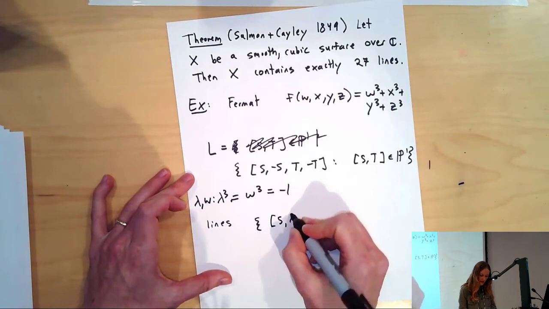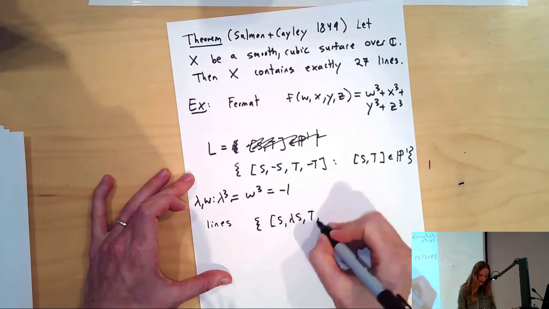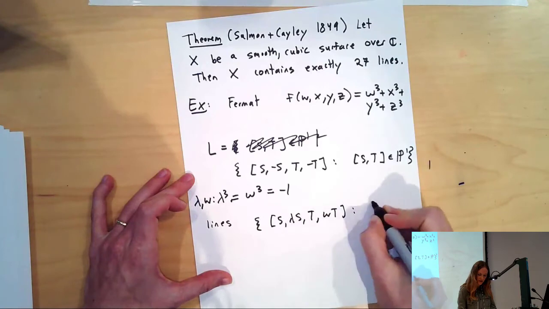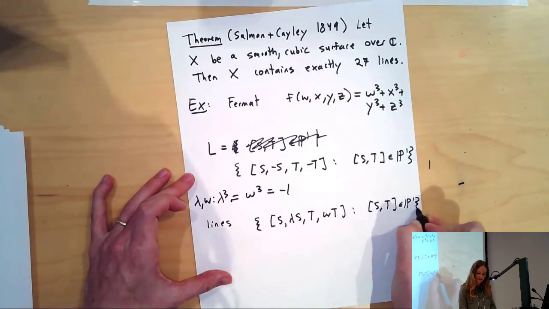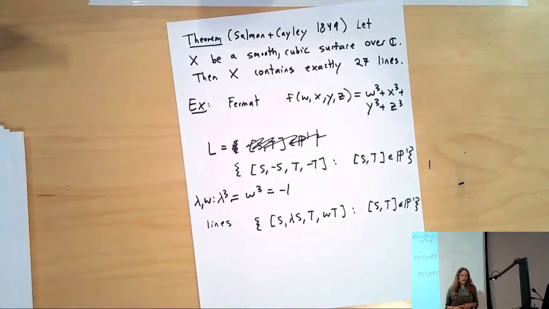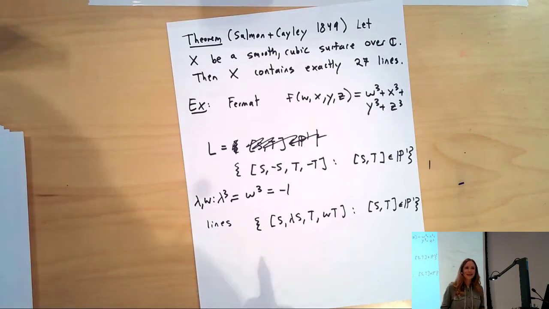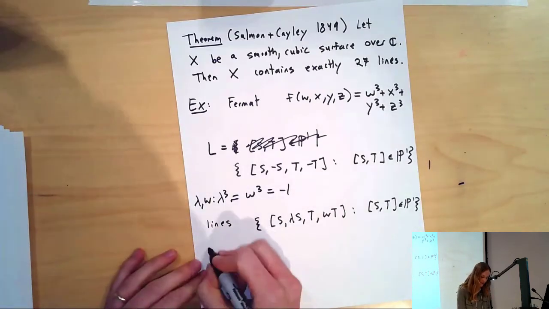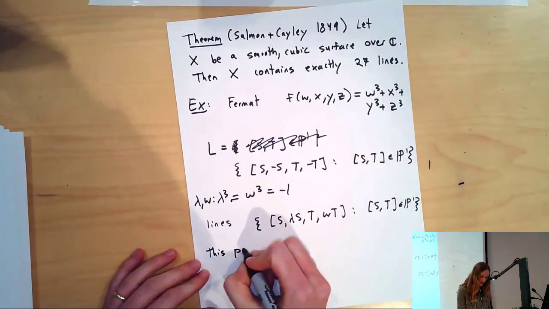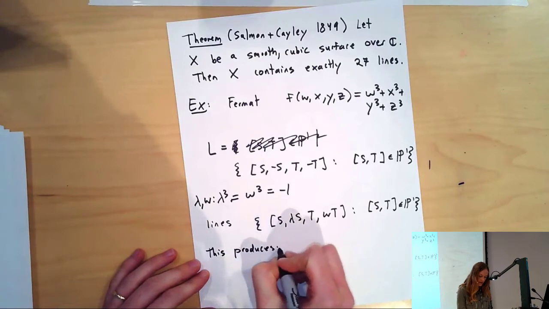S, lambda S, T, omega T. And if we rearranged the S and T, that will give us even more lines. So in total, this procedure that we've done produces how many lines?